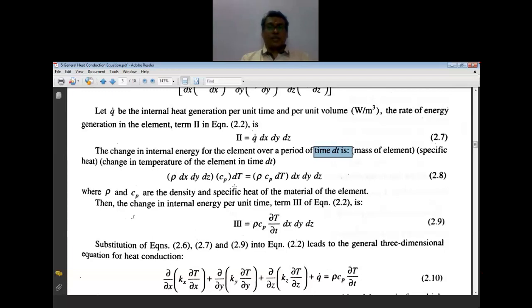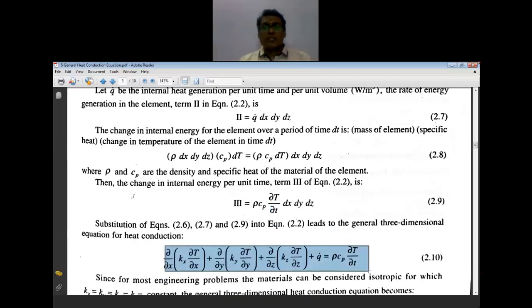That is rho Cp dT, and this has the unit of joules. So we divide by the time dt to get the unit of watts, since joules per second is watt. To manipulate the units, you divide by the time change. The work done is taken as 0, so your equation becomes simplified.